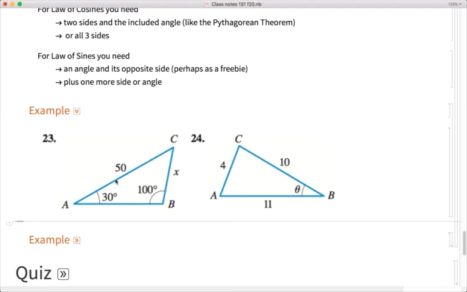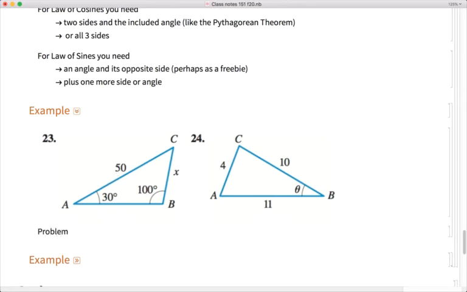Okay, so I'm looking for sides. In this first example, problem number 23, I'm only given one side. So this is not law of cosines. So it must be law of sines. That's what you're going to use to find x.